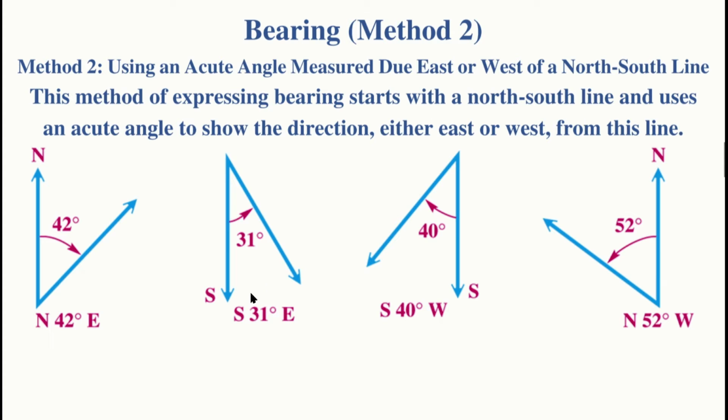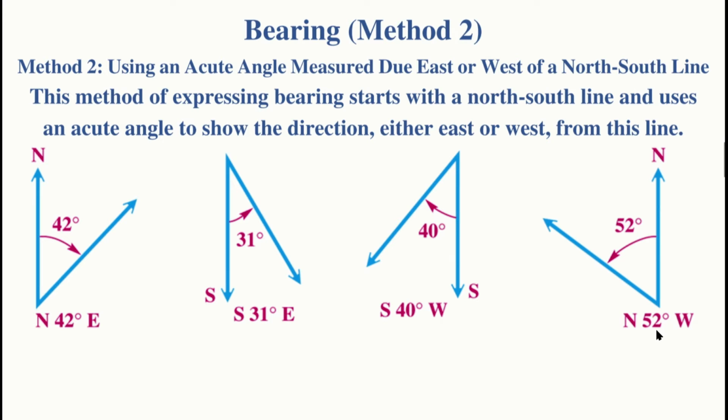Okay, so this one, south 31 degrees east. So from here you create a south line and then you go 31 degrees east, so that would be this way, and then you draw your second ray. South 40 degrees west, so first you're going to draw a south line, right? And 40 degrees west, so that would be going this way.